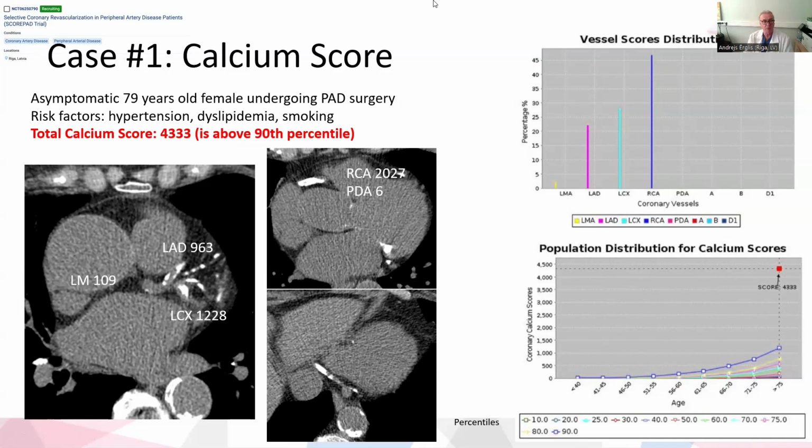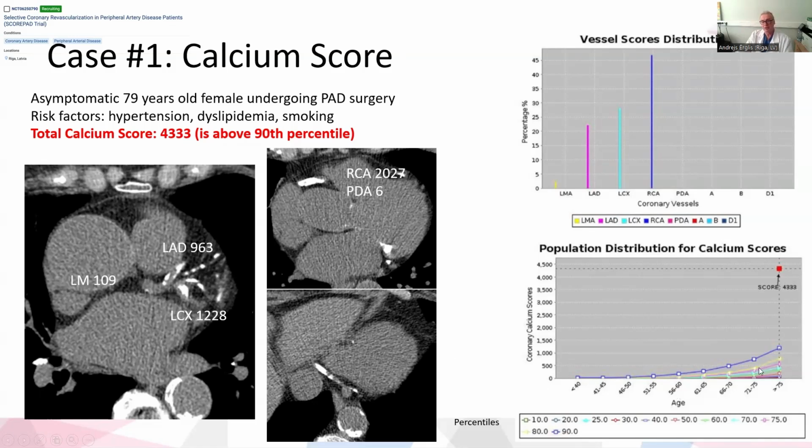This is an asymptomatic 79-year-old female. We have a very nice study with our peripheral artery, actually for vascular surgeons, about peripheral artery disease patients. As you see, the total calcium score is 4,000. Of course, it is something huge, but on the other hand, it is our daily patients.